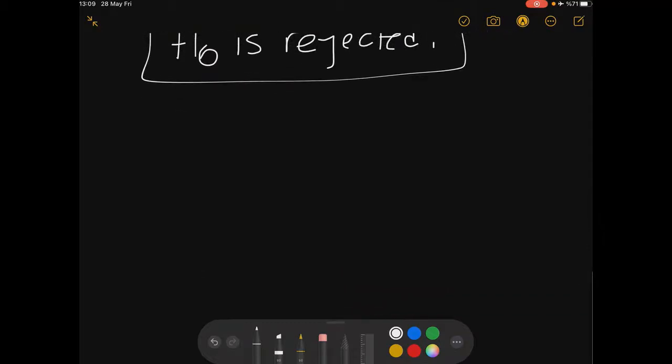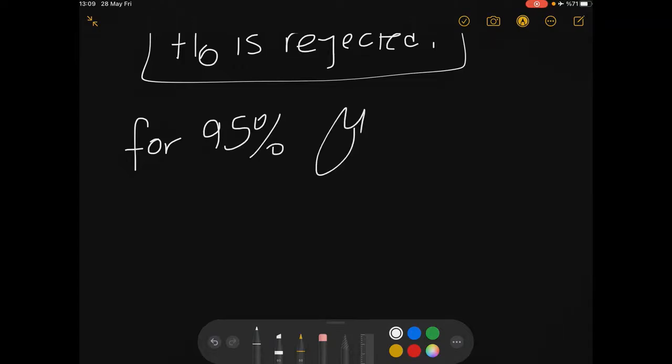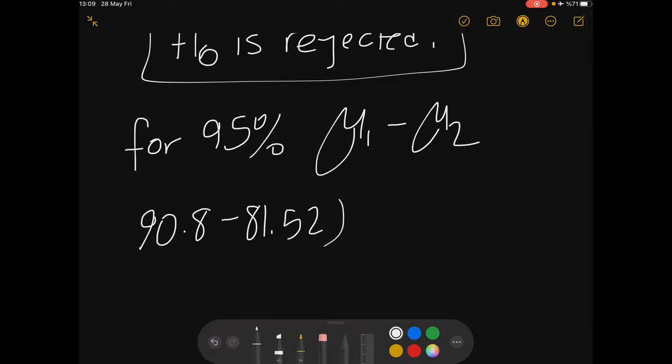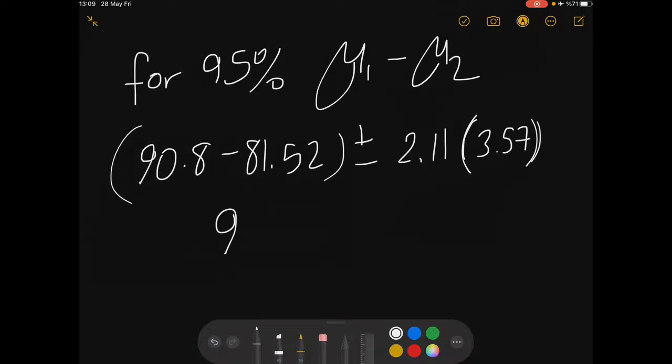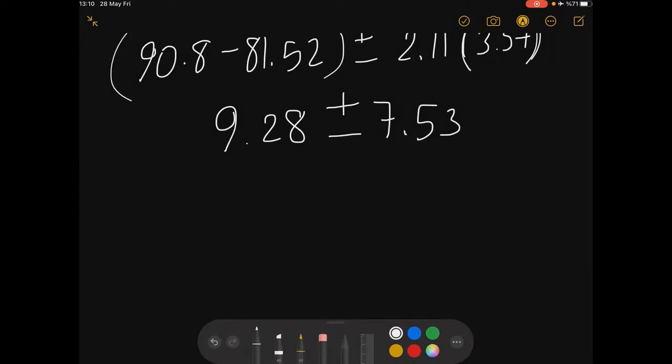And for the 95% confidence interval for mu1 minus mu2, you just set your upper and lower limits of the difference as 2.11 times your standard deviation, right? This value is your standard deviation, and that should be 9 plus or minus 7.53.